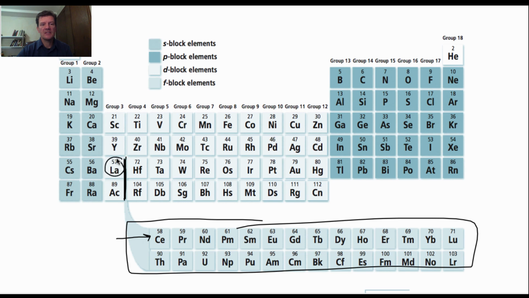So this is La, that's lanthanum, and then it really should continue. You see 57 here, and then this is 58. So this should continue right there. So this group right here is called the lanthanides, following element number 57, lanthanum.